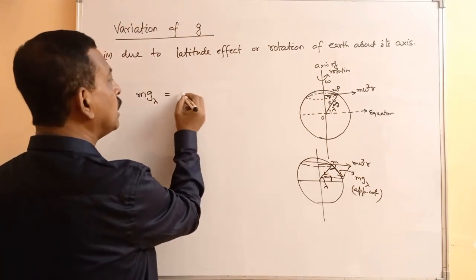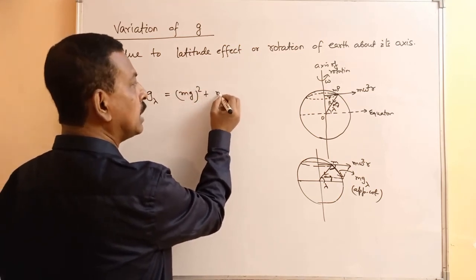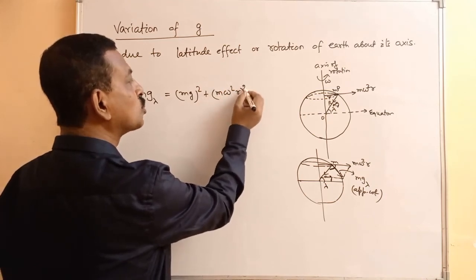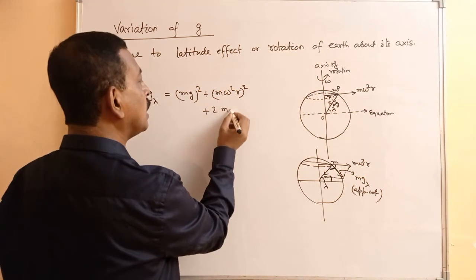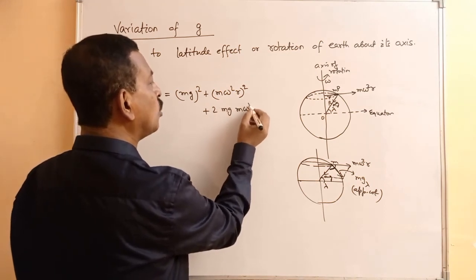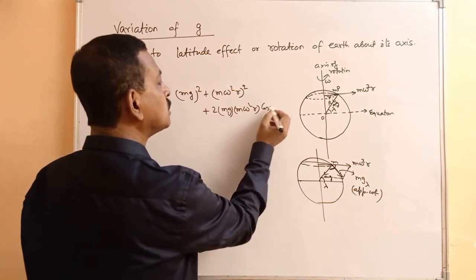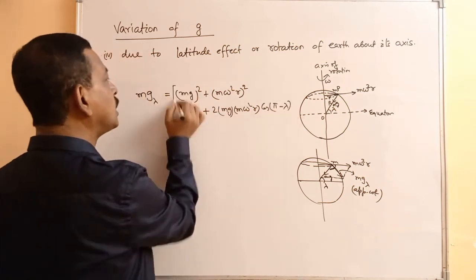So this is square root of mg whole square plus m omega square r whole square plus 2 times mg into m omega square r and cos of 180 minus lambda, and the whole term's power will be half.